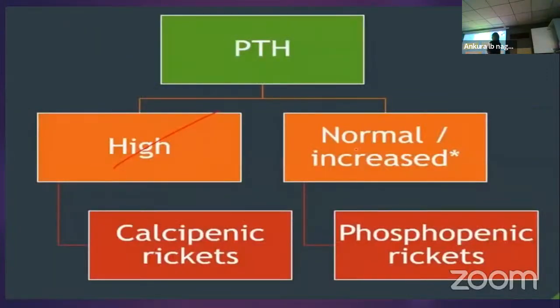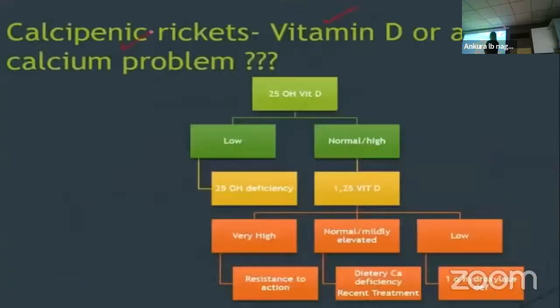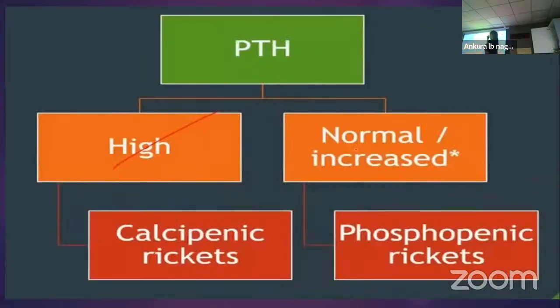PTH is the one which differentiates hypocalcemic from hypophosphatemic rickets. We had normal PTH, so we suspected hypophosphatemic rickets. So we have to bring in the glaring clinical features. One is rickets. So far, very good.